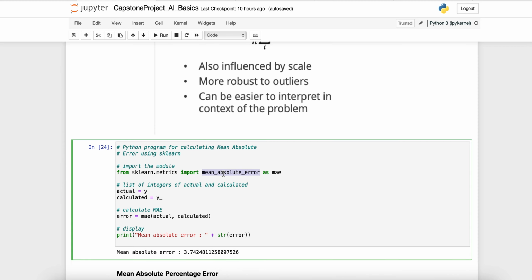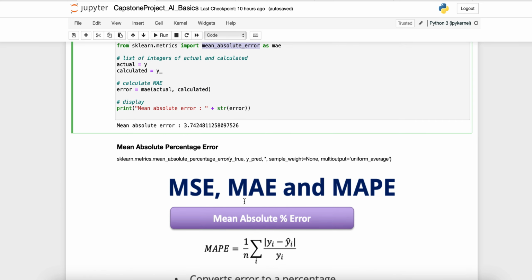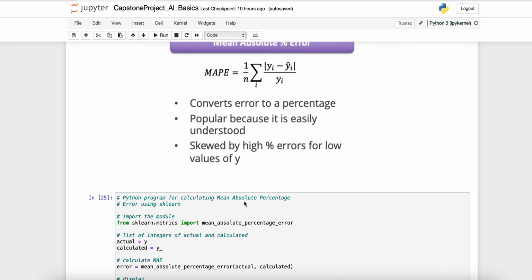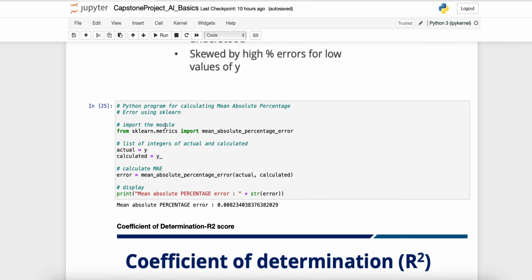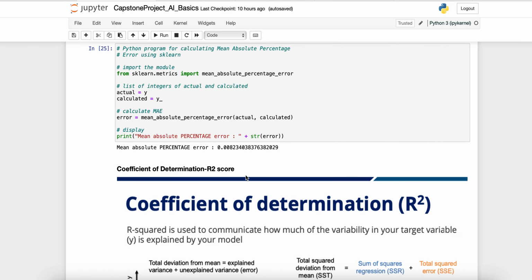I have used the sklearn metrics to calculate the mean absolute error, and then the mean absolute percentage error. This is 0.008, which is also good.